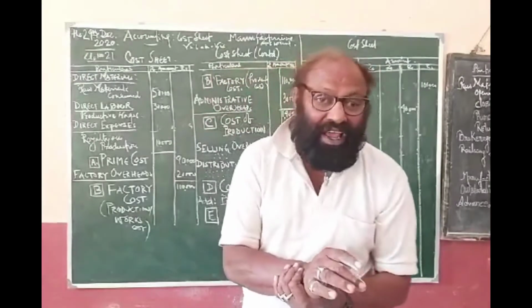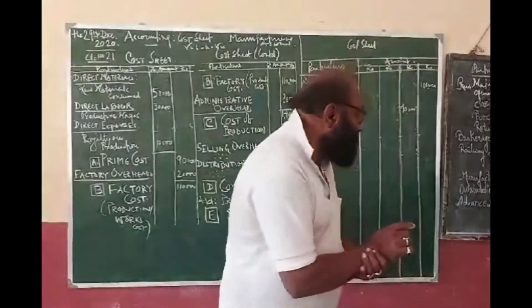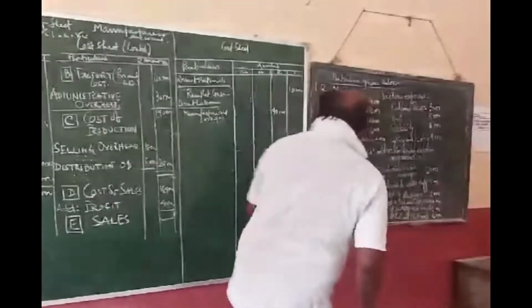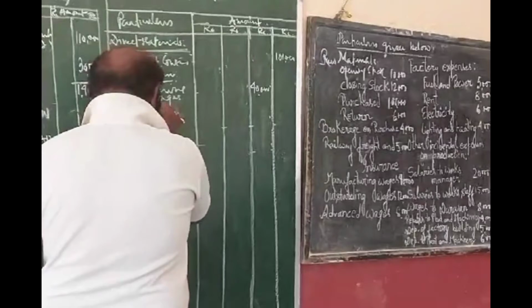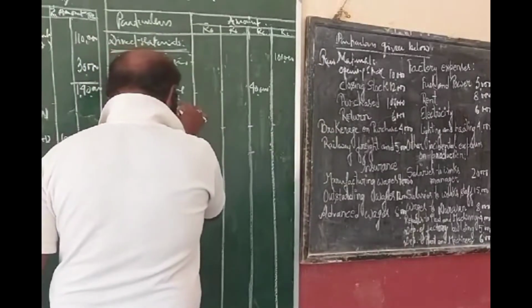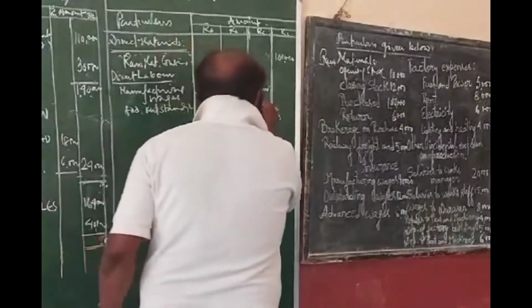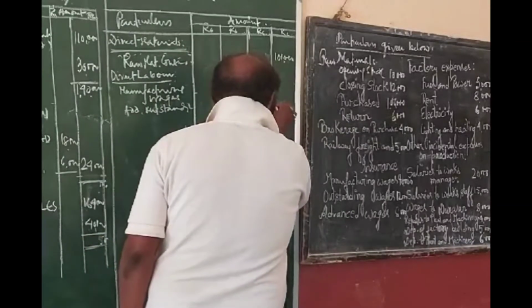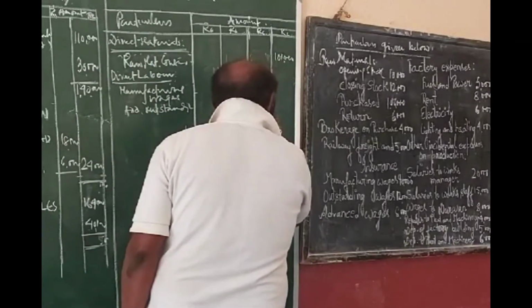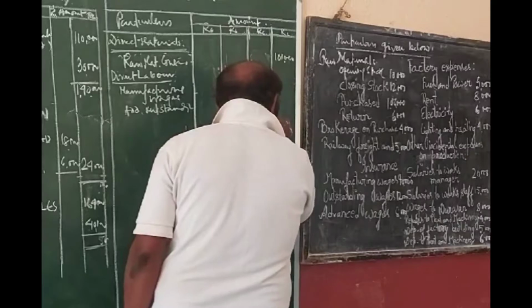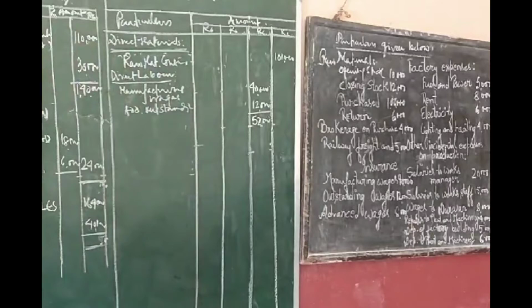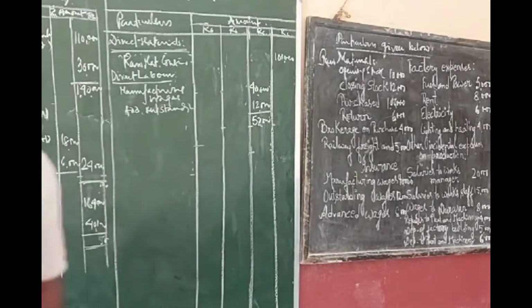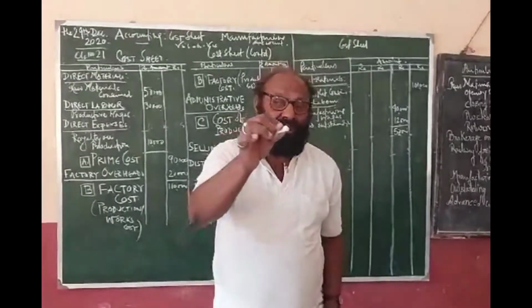So it is your liability, and you have to pay the amount. So outstanding wages is 12,000. Add outstanding, 12,000. So the total amount which you have to pay for wages is rupees 52,000. Out of that you have paid 40,000 in cash and outstanding is rupees 12,000.